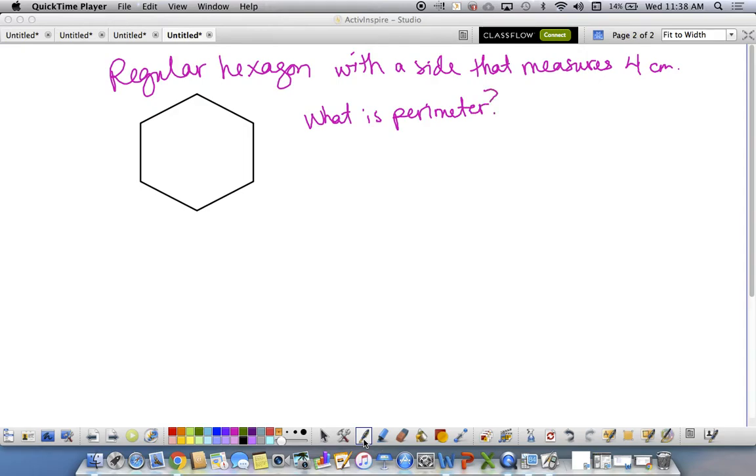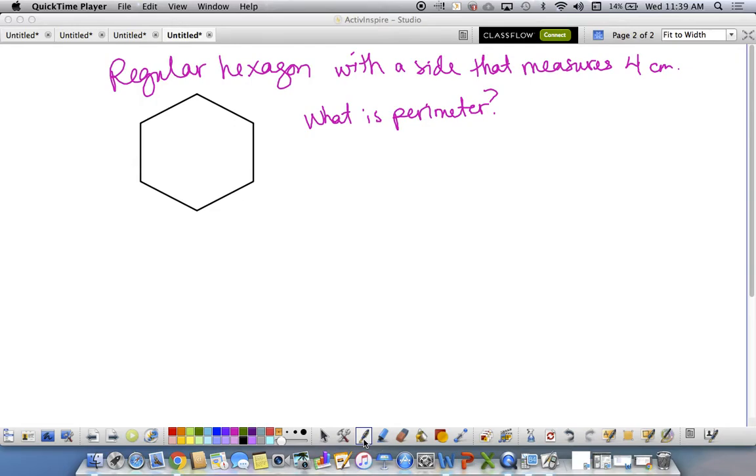Pretty simple. You still have to know how many sides a hexagon has if it's not drawn here for you. A hexagon has 6 sides. Pentagons have 5. Octagons have 8. Heptagons have 7. Go back and look at that.